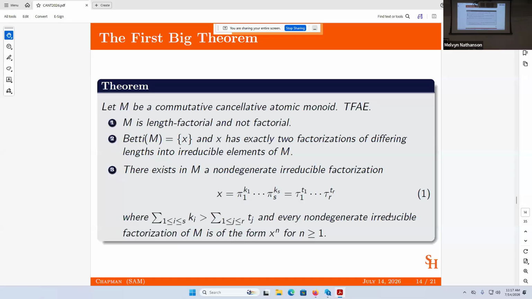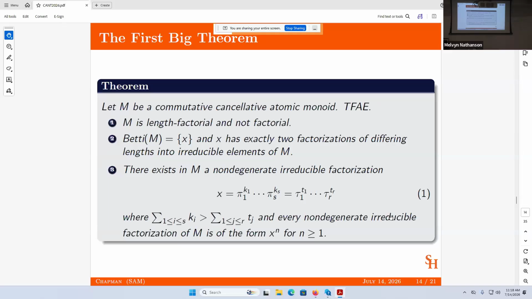Now, what we showed in number 2 is that with these Betty graphs I was just looking at, if the thing's length factorial, there's exactly one Betty element, and its graph is an empty 2-vertex graph. There are 2 different factorizations of differing length, because there are examples where there's one Betty element with 2 different factorizations of equal length, and that's half factorial and not length factorial.